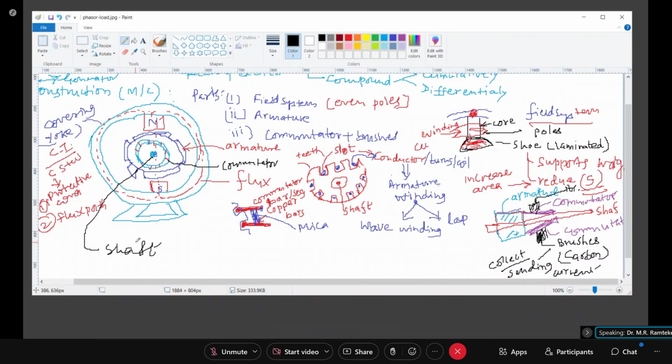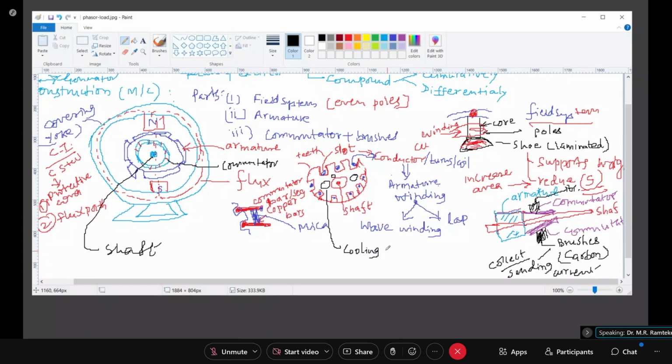And you have to use good material for the core so that the losses will be minimum. Sometimes if it's a big machine, you will find holes on the armature core. This is there to send cooling media, because there will be losses in the core and it will raise the temperature, and you have to bring it down to maintain the temperature of the machine within a certain level.